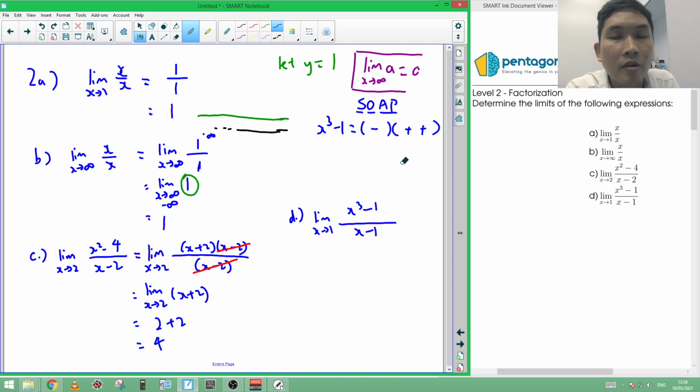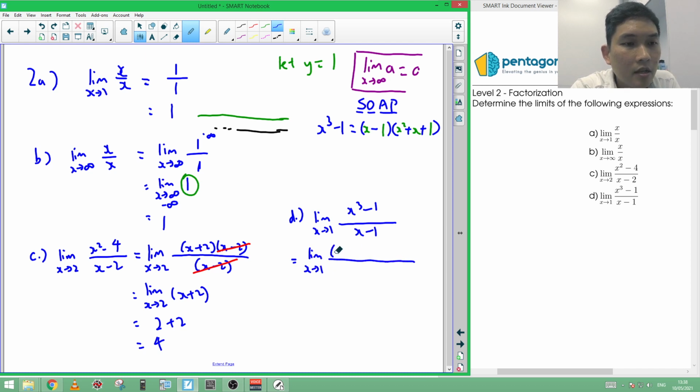Same, opposite, always positive. So this is going to be x minus 1, and this will be x squared, x, 1.